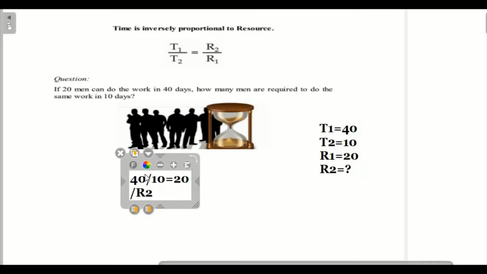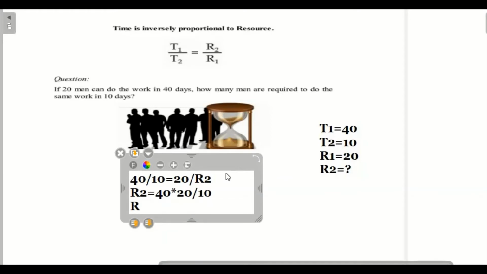As I said earlier, we have to cross multiply it, that is R2 equal to 40 into 20 divided by 10.